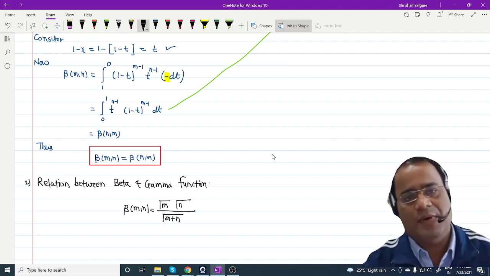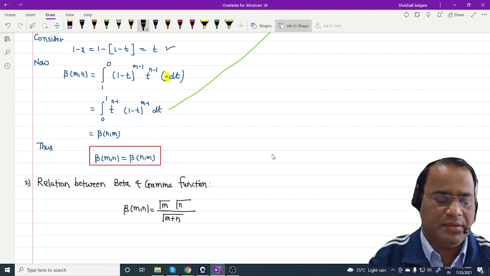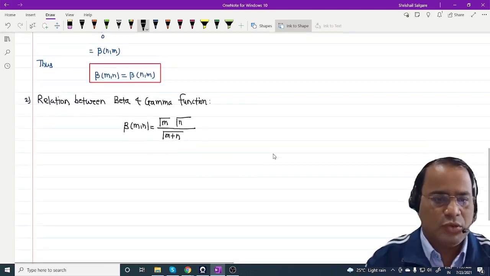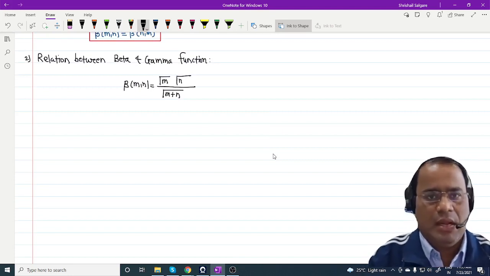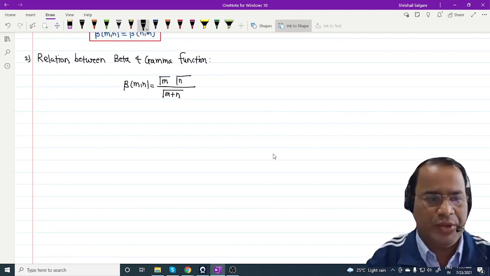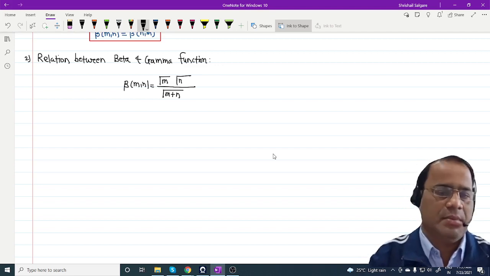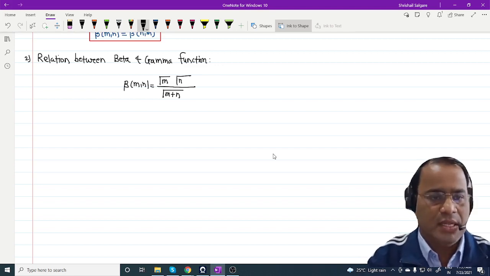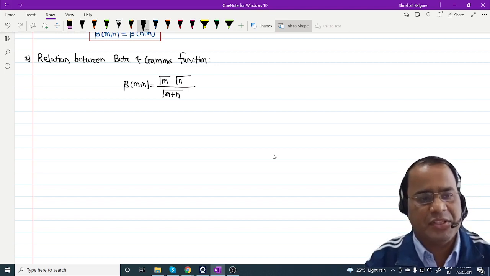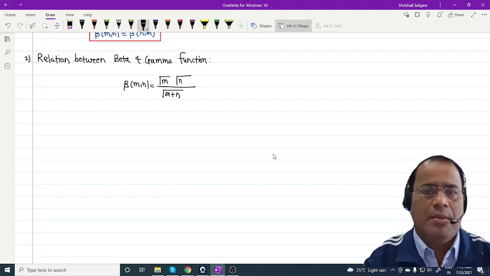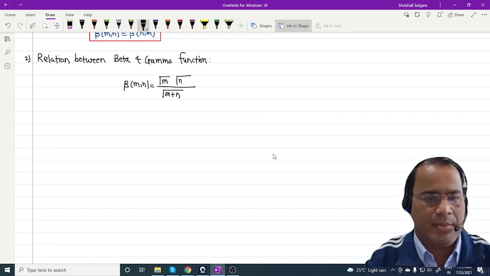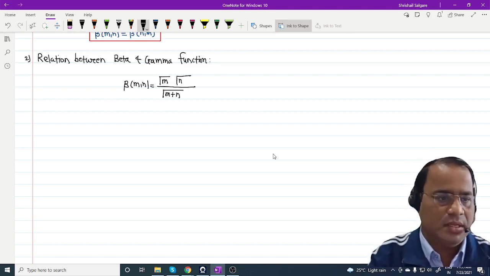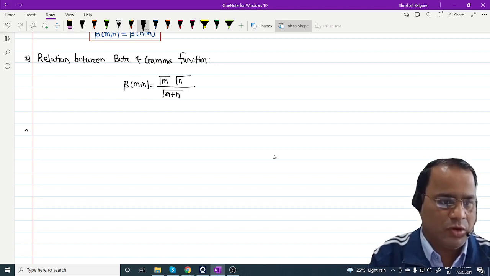Further, the right side you can simplify by using the definition of gamma function. To prove this property we require some result from the double integral, which is the next unit. If time permits, in double integral we will see the proof of that. Here, for evaluation of a beta function, you have to accept the second result, beta of mn is equal to gamma m into gamma n divided by gamma of m plus n.